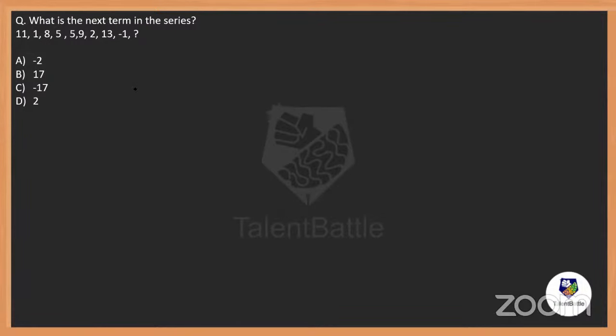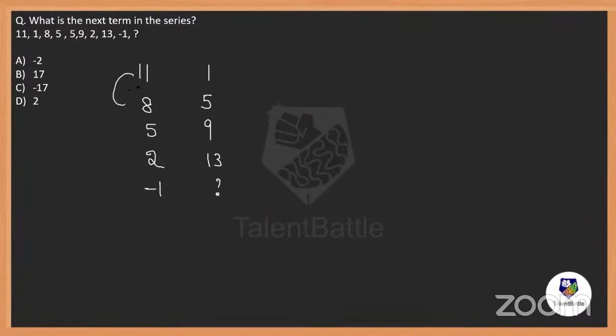You can take 2, 2 numbers as a group. So what do you think the answer might be? 11 and 1, 8 and 5, 5 and 9, 2 and 13, minus 1 and next. So you can easily identify now. This is for alternative. Yes, 2 group. This is for alternative here.